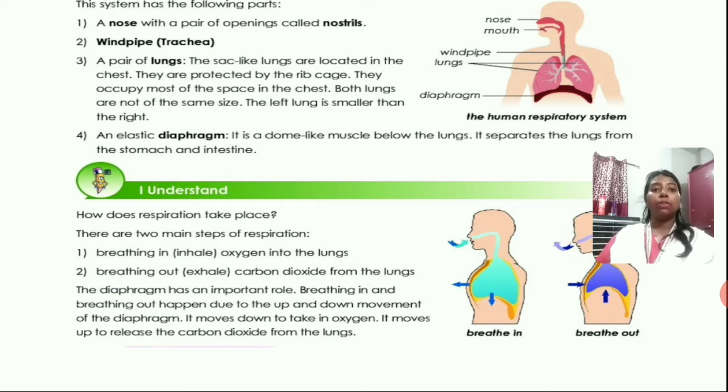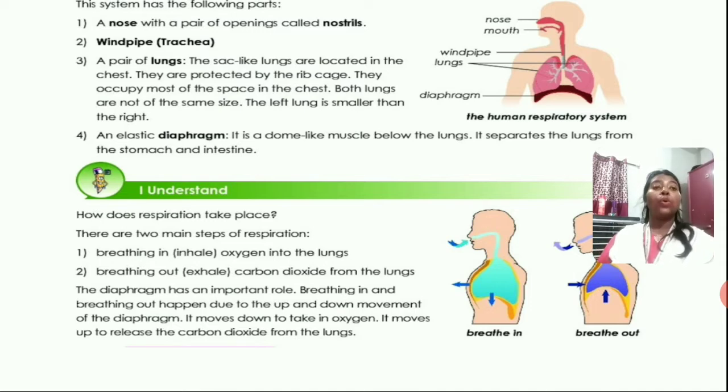Okay, now the next point was how this process works. Yes, that is how respiration takes place. We have learned two steps in respiration, that is inhalation and exhalation. Yes, what was inhalation? Breathing in. And what was exhalation? That is breathing out.